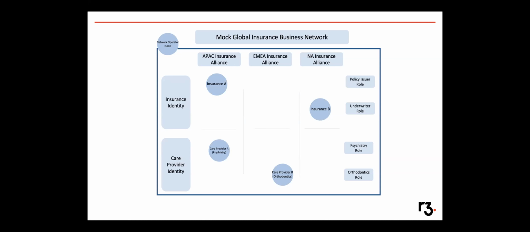So the answer is you can, but it depends on how you define dynamic. When I think about dynamic, it's like when you do it, you get a result. But in our case, it has to be done by the network operator, and there will be an approval process. Yeah.